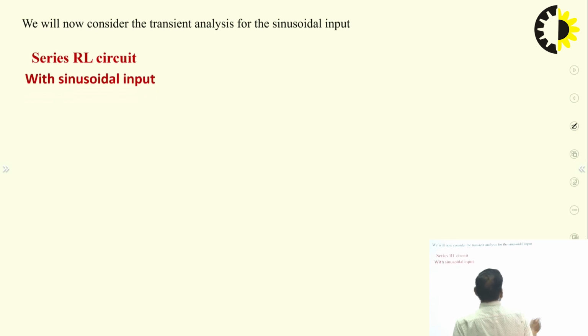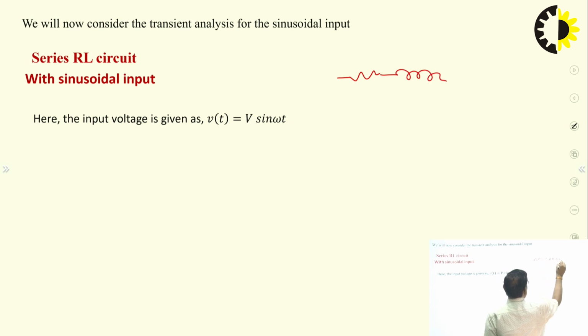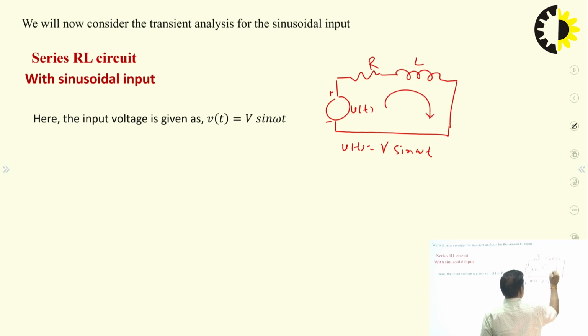So, the series RL circuit is like this, simple, we can draw here. This is your R and this is your v(t). So v(t) is V sin omega t, and this is the current i(t).